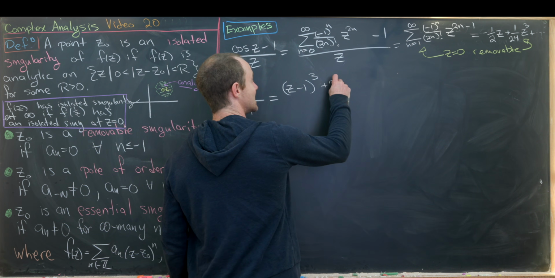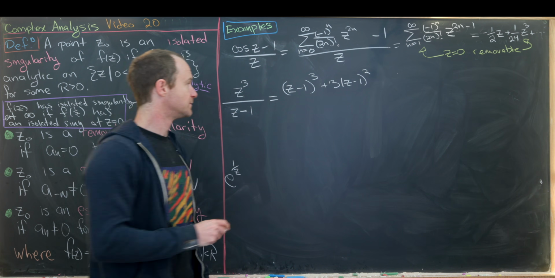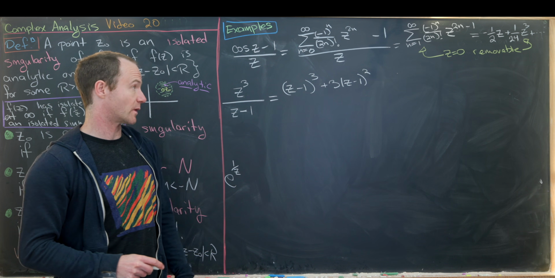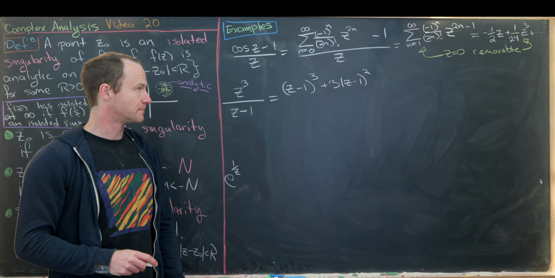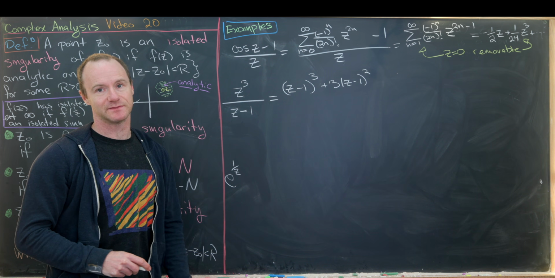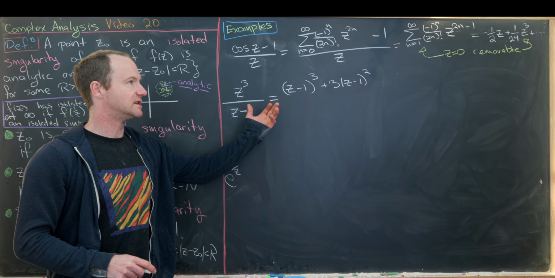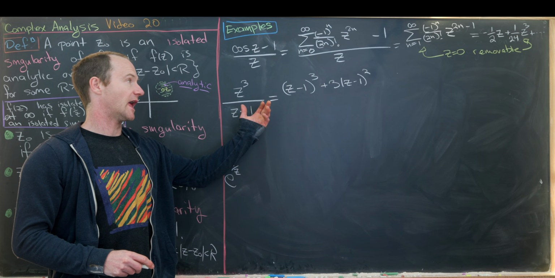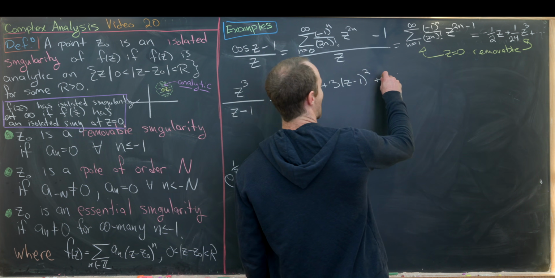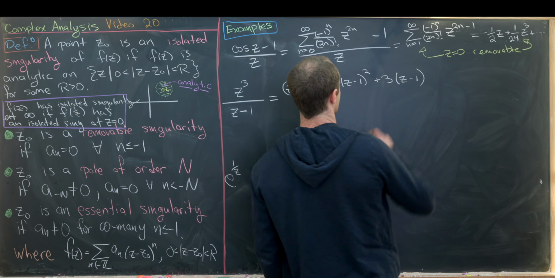So if we add in 3 times z minus 1 squared, then we'll cancel out the minus 3z squared term that we pick up here. But then we also pick up a minus 6 times z. Well, this one picks up a plus 3 times z, so that means now we have an additional negative 3 times z. So we can take care of that by adding 3 times z minus 1.